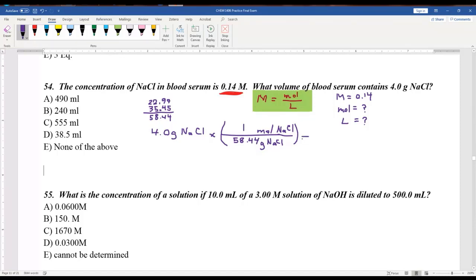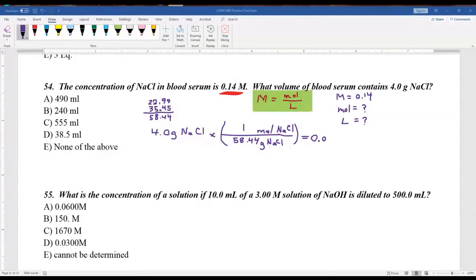So then all I have to do is multiply the top, divide by the bottom, and what do I get? I don't know if I did it right, but hold on, let me double check. Is it 0 point?